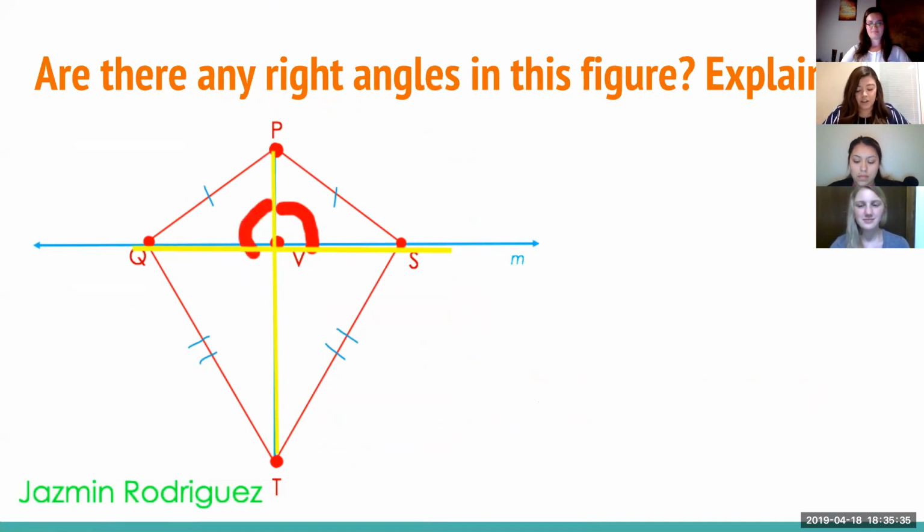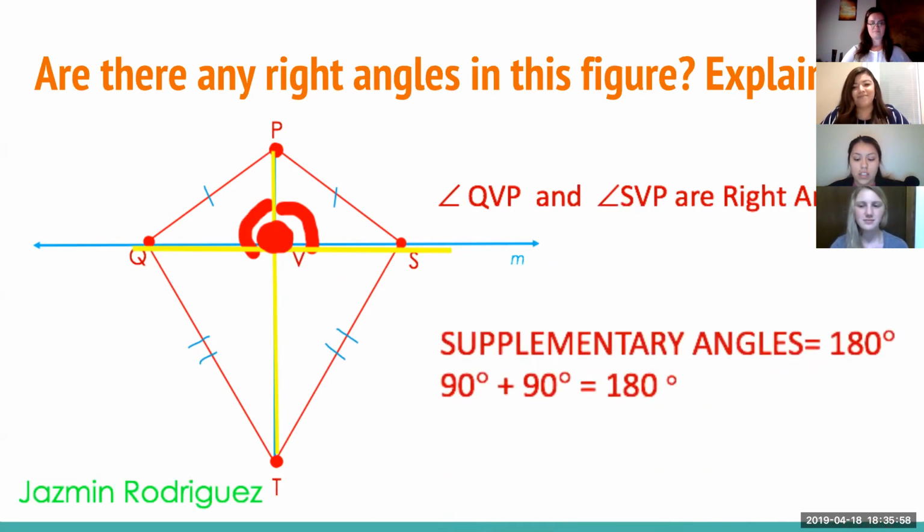This is how we know that angles QVP and SVP are right angles. We also know that they are supplementary angles because their measures add up to be 180 degrees. Since we have two angles, we divide 180 by 2, and we get that QVP and SVP are right angles with a measure of 90 degrees each. Thank you.